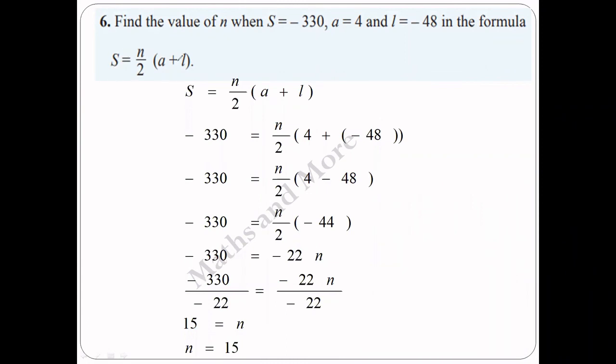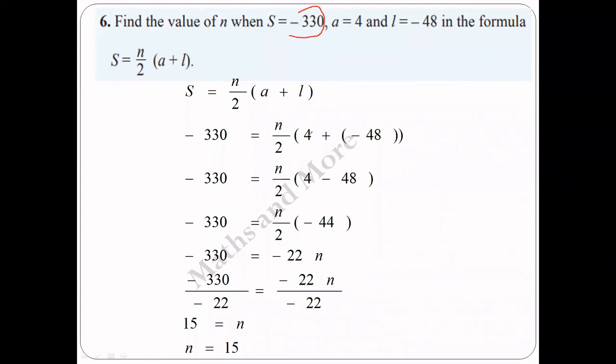This is the formula. Write S equals n over 2 bracket a plus l. S is minus 330, so substitute minus 330 here. Equals n over 2 brackets, a is 4.